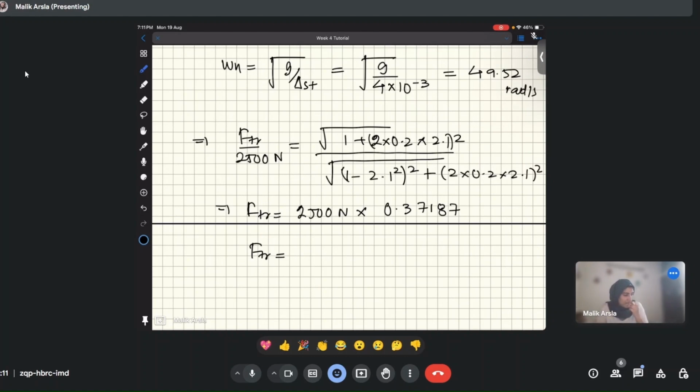So this thing will be something like 929.67 Newton approximately.